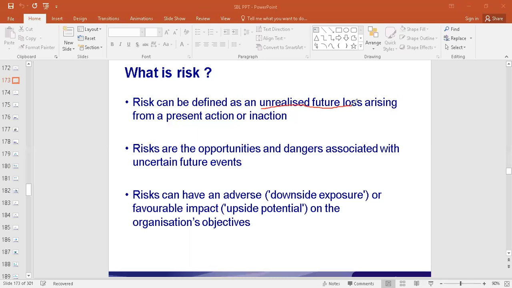Risks are the opportunities and dangers associated with an uncertain future event. With certainty, it is not possible to anticipate very precisely what would happen in the future. It cannot be estimated. The future itself is uncertain. So what will happen in the future is not known. Any plan that is prepared for the future to happen exactly the same way is not a possibility.